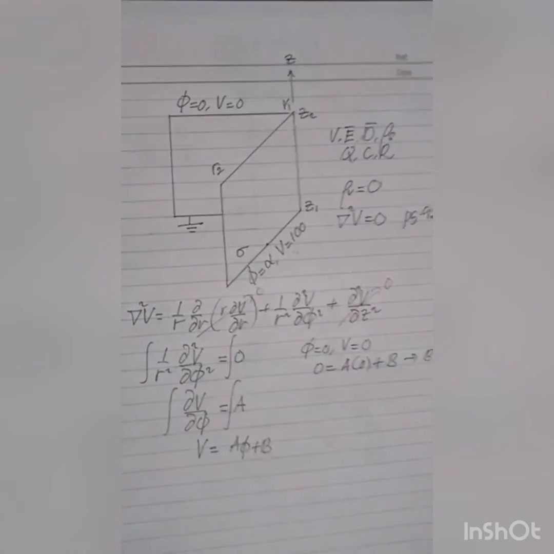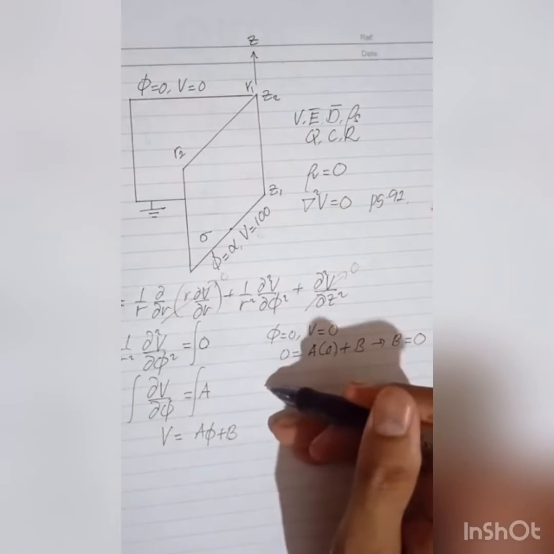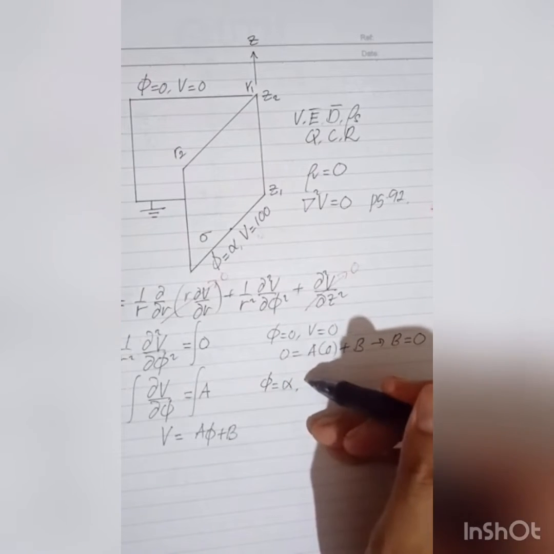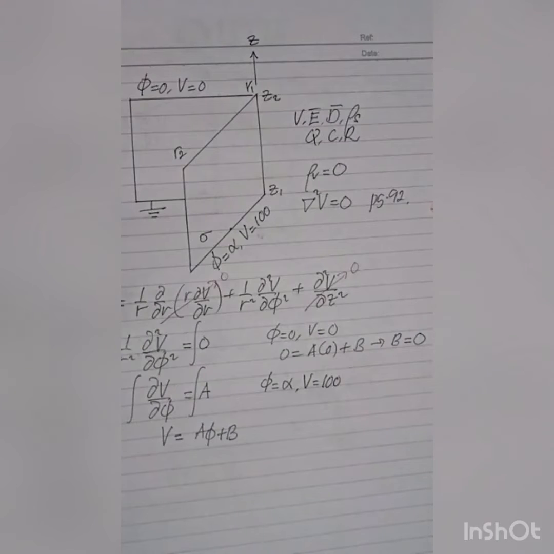Now let's substitute the second boundary condition, when phi is equal to alpha, V becomes 100 volts. Let's substitute these boundary conditions into the general equation.